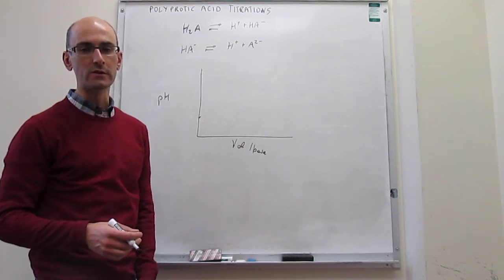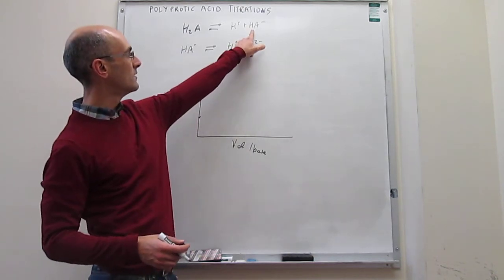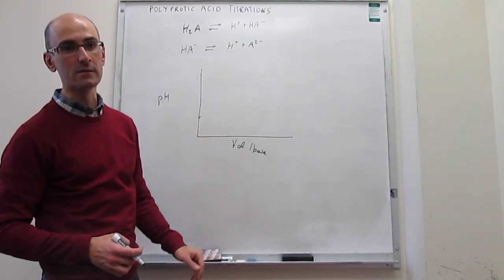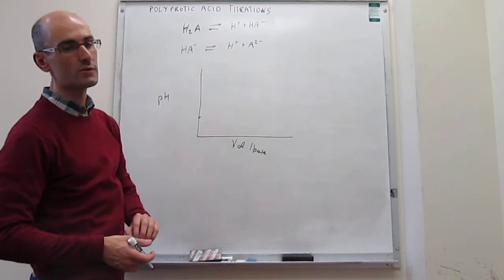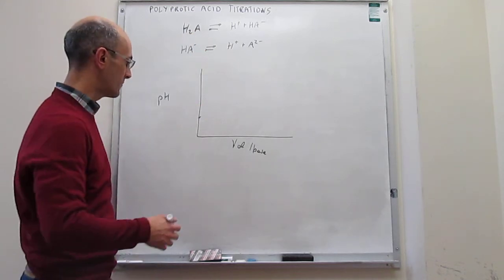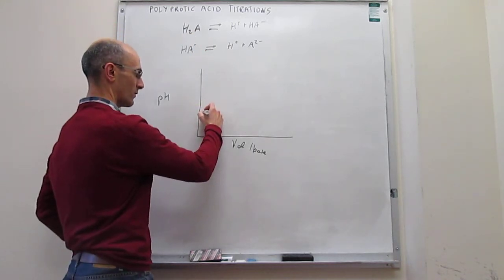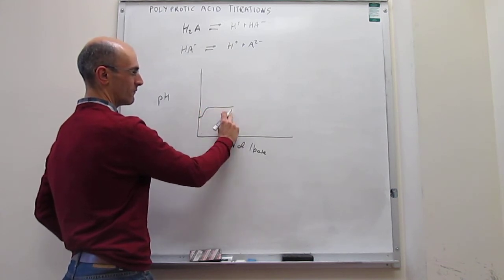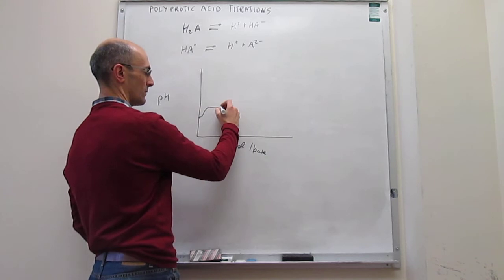There will be a point during the titration where the amount of the conjugate base of the acid will be exactly identical to the concentration of that acid. Then the curve will rise, but eventually you will hit that buffer, and then it will level off. It will rise very, very slowly.